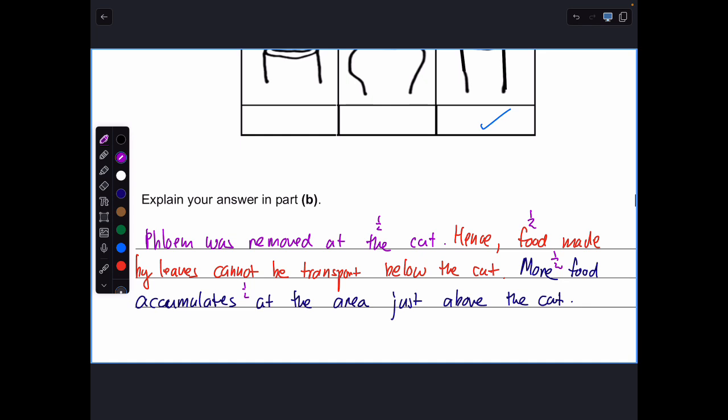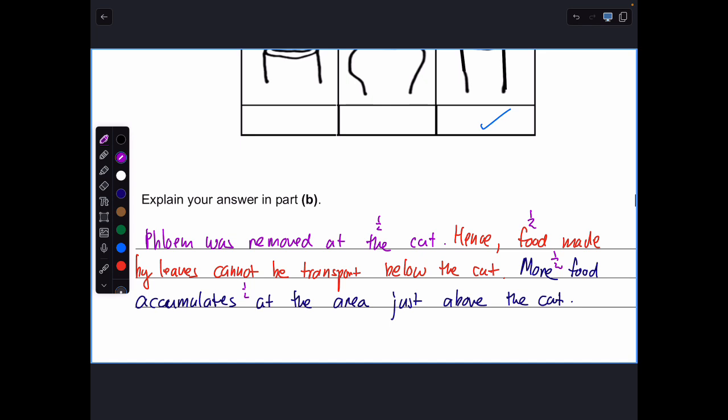Cannot say store in fruits because now you're describing the spelling. So read the question carefully. If they ask you, why is it that the fruit grew bigger? Then it is more food from the leaves is transported to the fruits, and then it accumulates there, making the fruit bigger. So answer to the question.